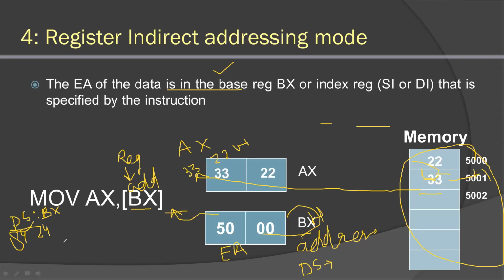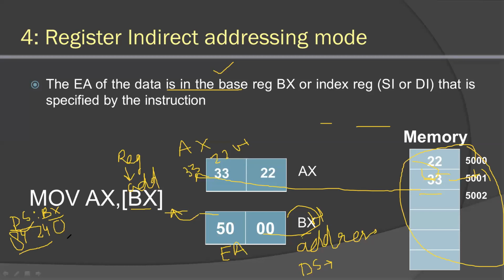कैसे कैलकुलेट करेंगे? To calculate physical address, data segment value is added to this effective address. Now in this example we have taken data segment value as 8424. We will insert one more zero.